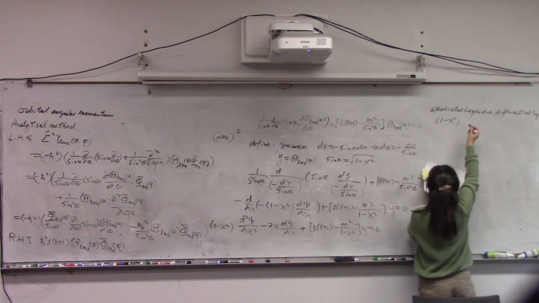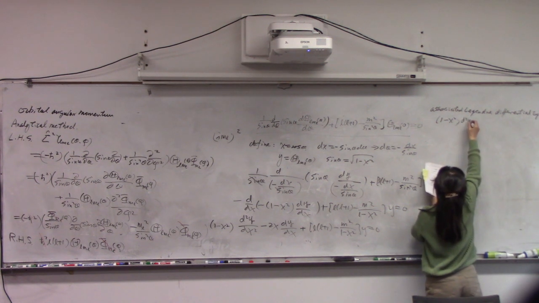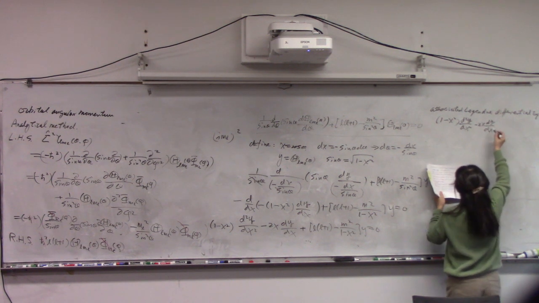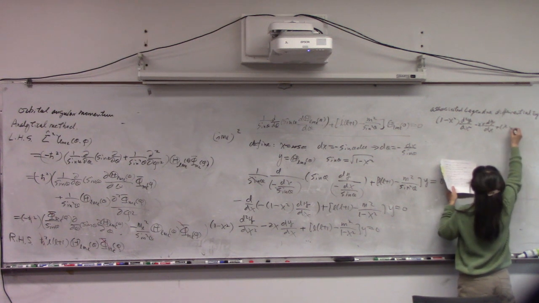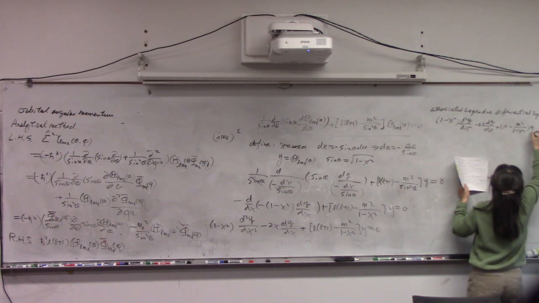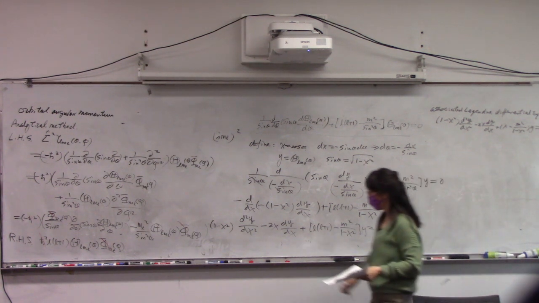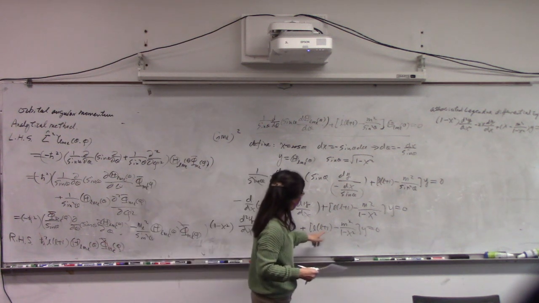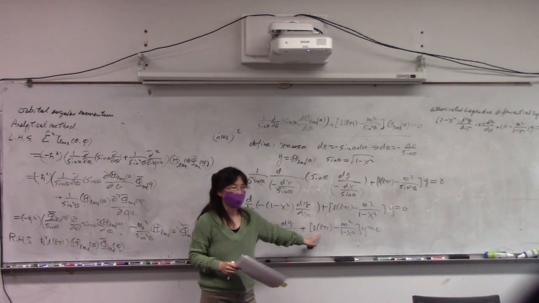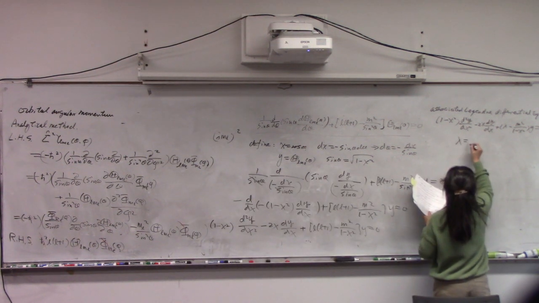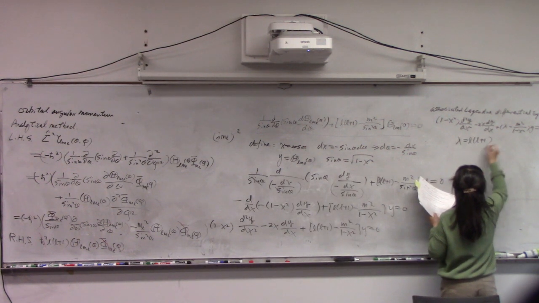So that is (1 minus x squared) d squared y/dx squared minus 2x dy/dx plus [lambda minus m squared over (1 minus x squared)] y equal to 0, right? That is the standard. So the lambda in our case is L multiplied by L plus 1, the only difference, right?